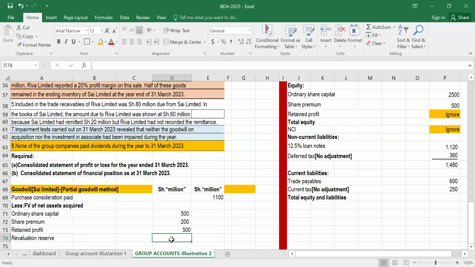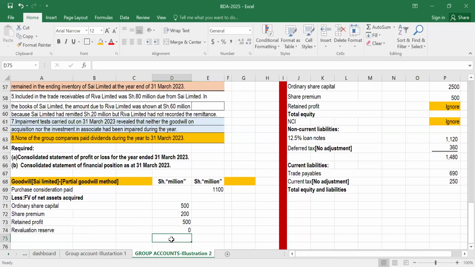I hope you can remember, as per note number 1, we were told it revalued the assets, but the fair value was the same as the carrying amount. It basically means that there was no revaluation gain or loss. And therefore, this is how we determine the net assets of our subsidiary on the date it was acquired, which now will be 1200.